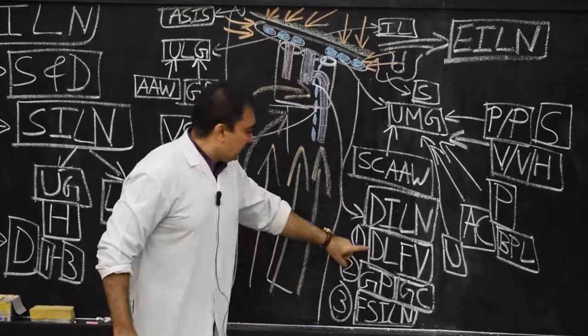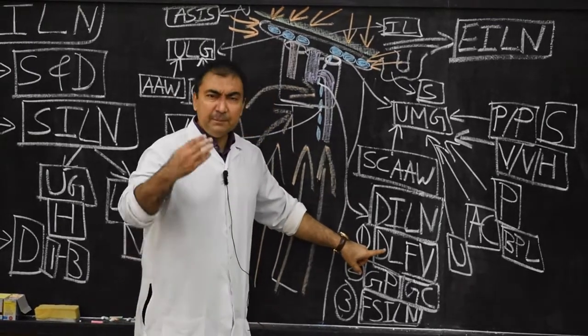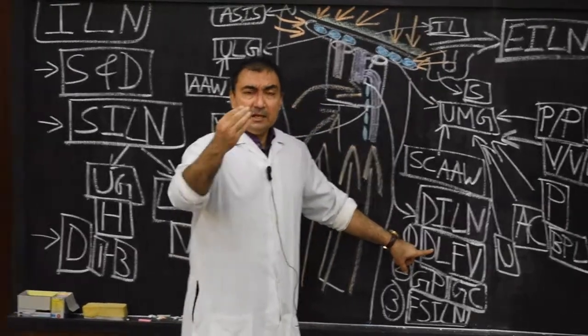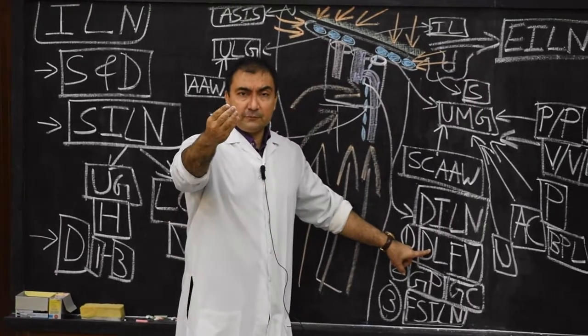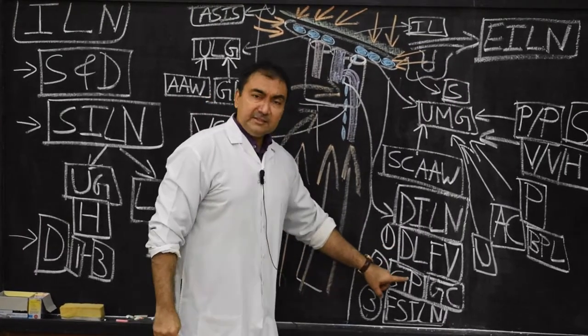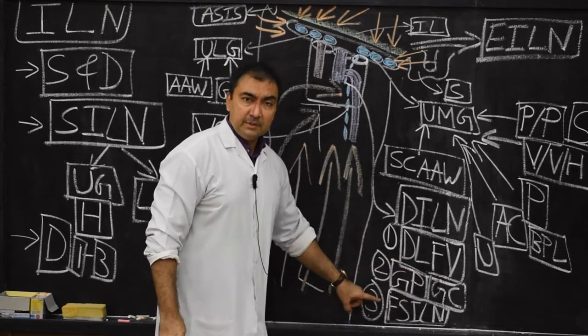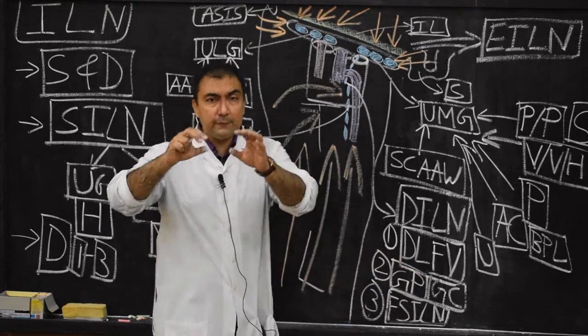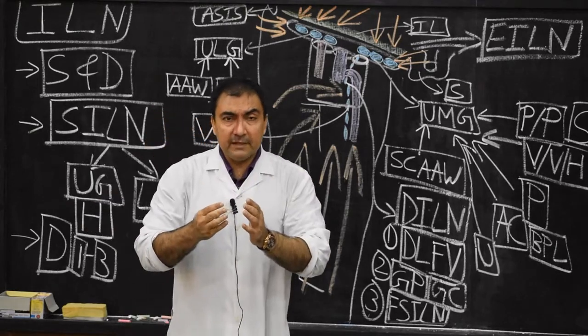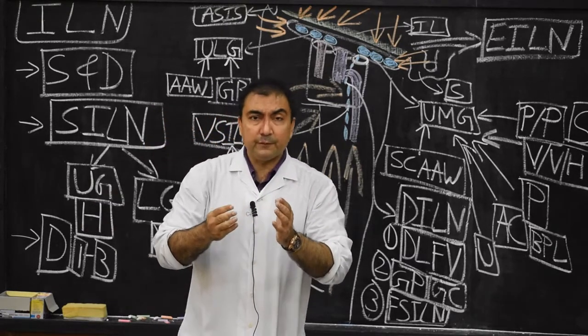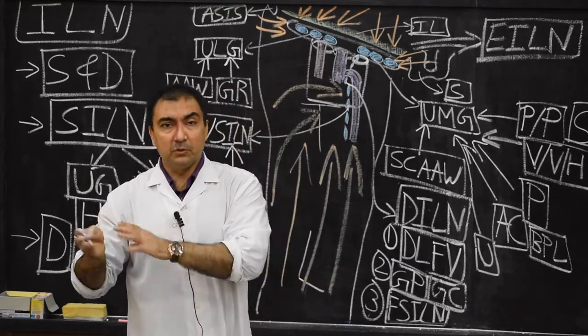Number 1, from the deep lymphatics accompanying the femoral vessels, that is the deep lymphatics of the lower limb. Then glans penis in case of males and glans clitoridis in case of females. And number 3, a very few lymph nodes which will drain from the superficial inguinal group of lymph nodes.